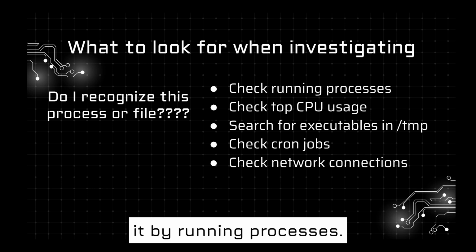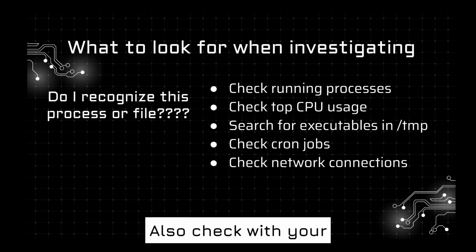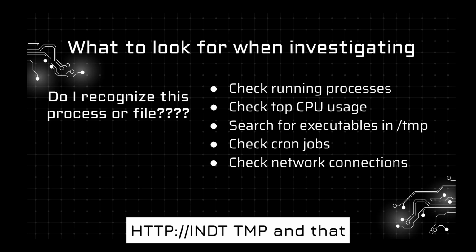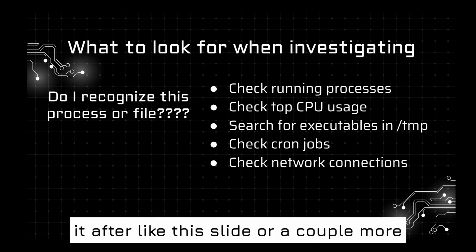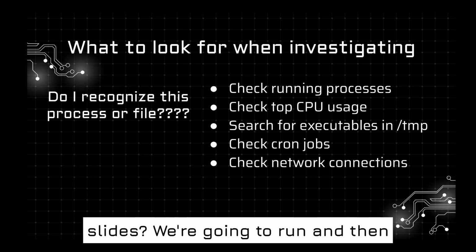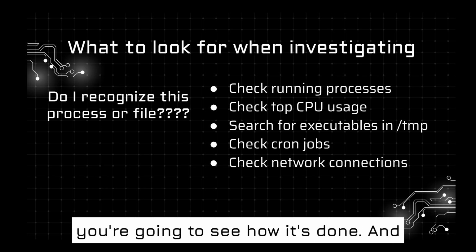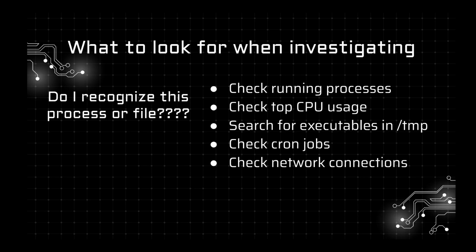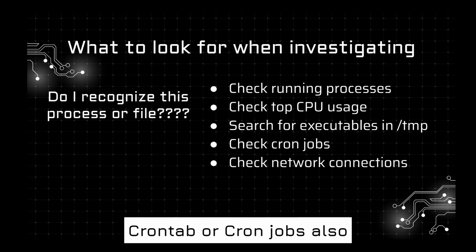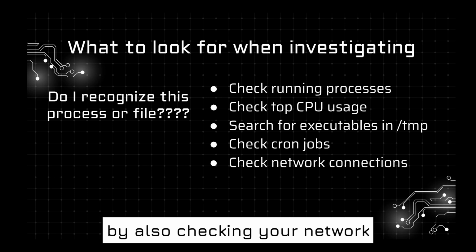Also, check your top CPU usage and search for an executable in the /tmp directory. We're going to run it after a couple more slides, and then you're going to see how it's done. And you can also check your crontab or cron jobs, and check your network connections.